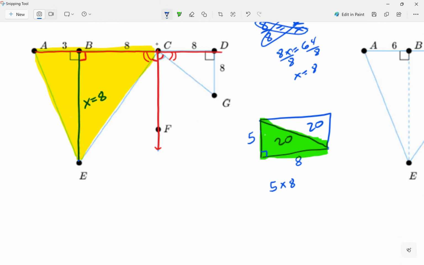So what I did was I multiplied the two measurements across a 90 degrees, and then my result, I divided by 2. That's really what we did, right? 5 times 8 gave us the whole rectangle, but then I cut it in half, so that means we divided by 2, and that's how we got the 20.